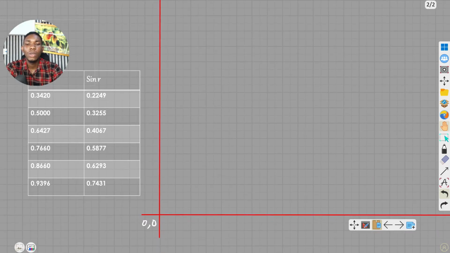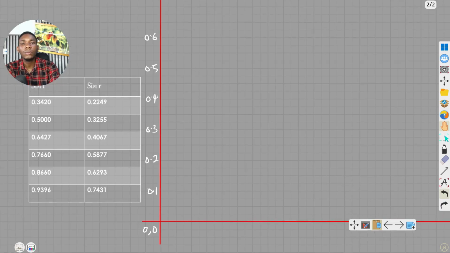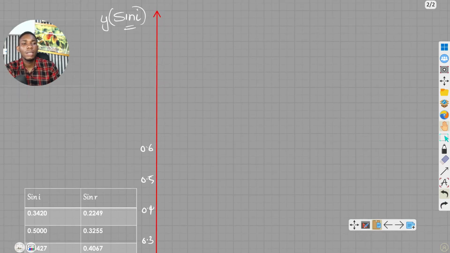So here you can start with 0.1, so here will be 0.1, 0.2, 0.3, 0.4, 0.5, 0.6, and then it continues 0.7, 0.8, 0.9, 1.0. This is your y-axis.